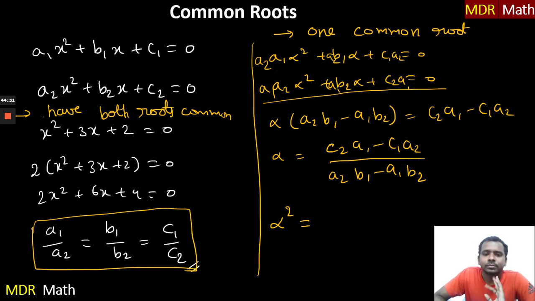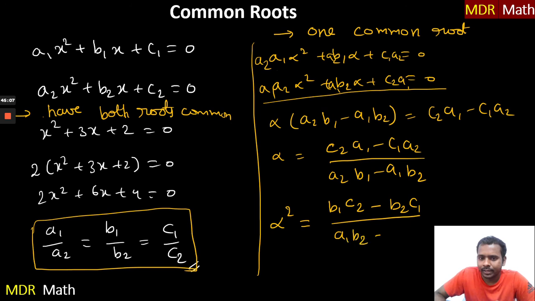So how do you do that? You can multiply with b2, so that alpha square is equal to b1 c2 minus b2 c1 by a1 b2 minus a2 b1, which will be the other equation.